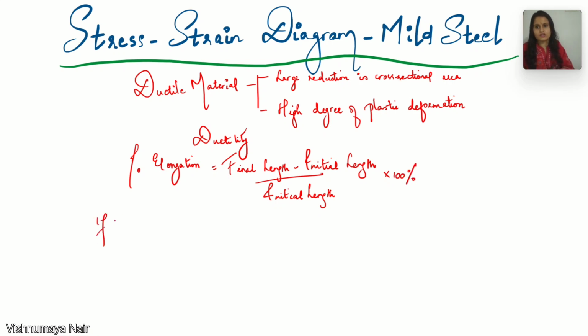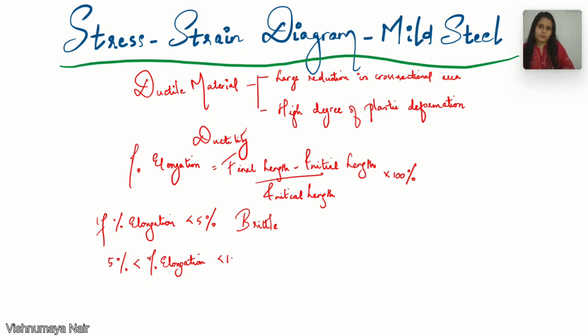If percentage elongation is less than 5%, we can classify such materials as brittle. If the percentage elongation is anywhere in between 5% and 15%, we can call such materials as intermediate ductile materials.